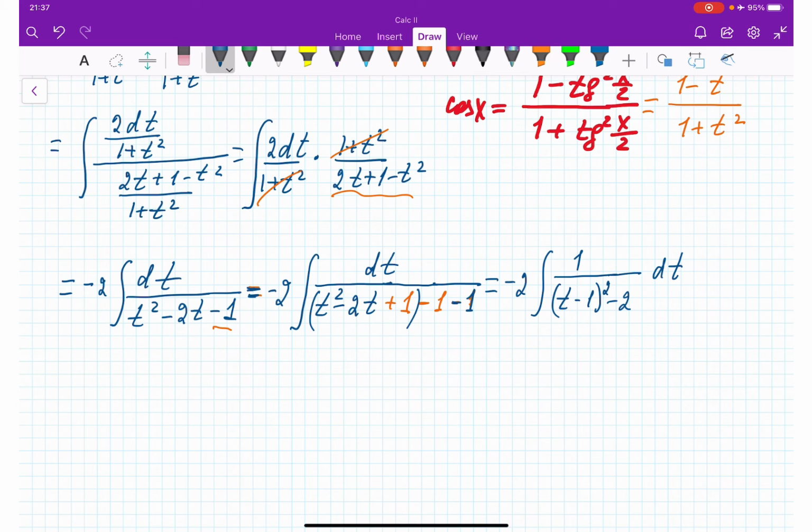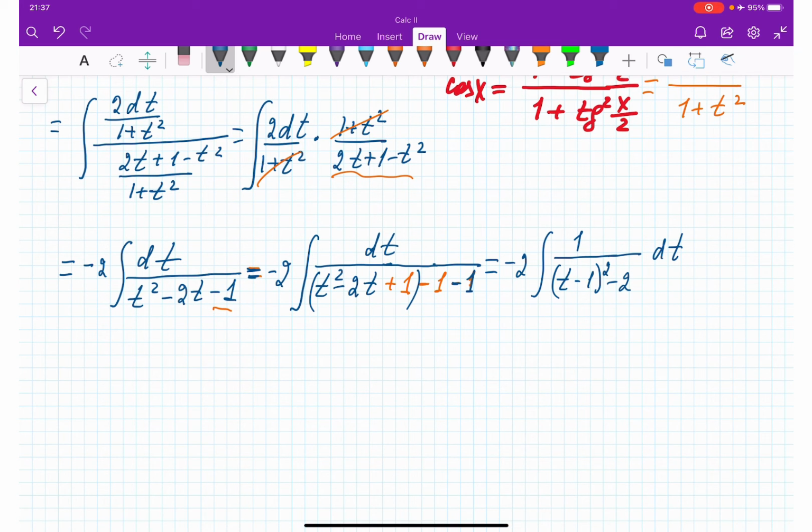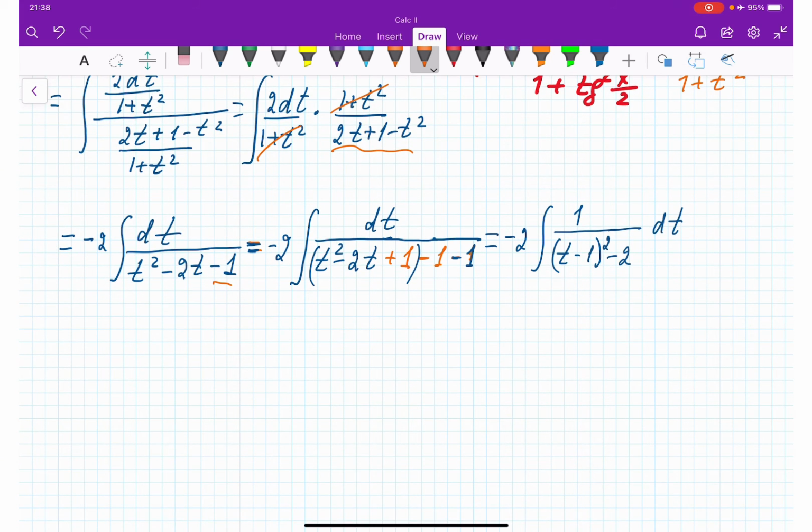Okay. From here, we are going to move to simplification by partial fraction. What we're going to do? I'm going to write down here 1 over t minus 1 squared minus 2 is equal to a over t minus 1 minus square root 2. This is t minus 1 squared minus 2.